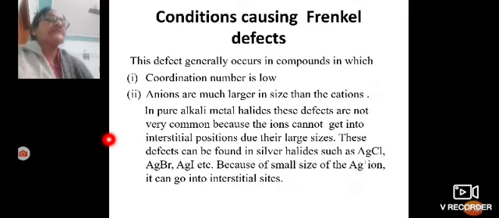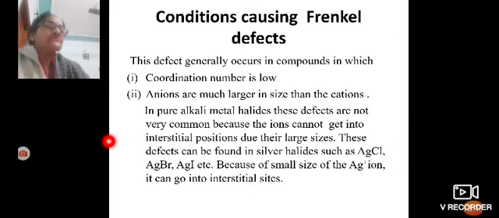Next are the conditions causing Frenkel defect. This defect generally occurs in compounds in which the coordination number is low. Second, anions are much larger in size than the cations. In pure alkali metal halides, these defects are not very common because the ions cannot get into the interstitial position due to their large sizes.